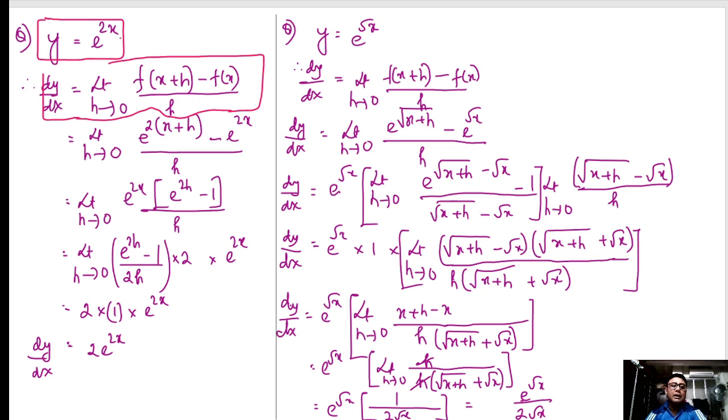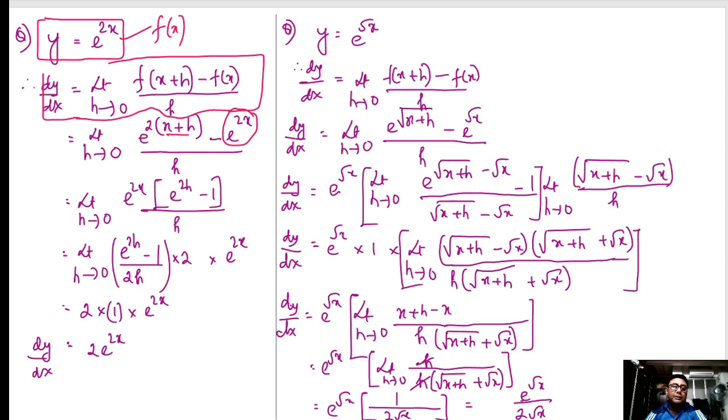So this is our f(x). So f(x plus h) means instead of x I have to put x plus h. Taking e to the power 2x common, this becomes this.